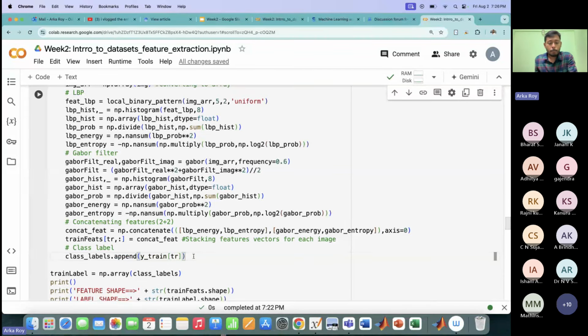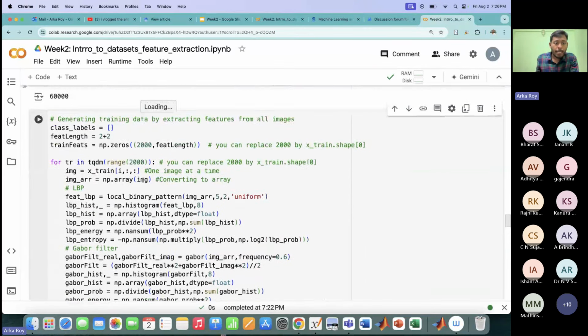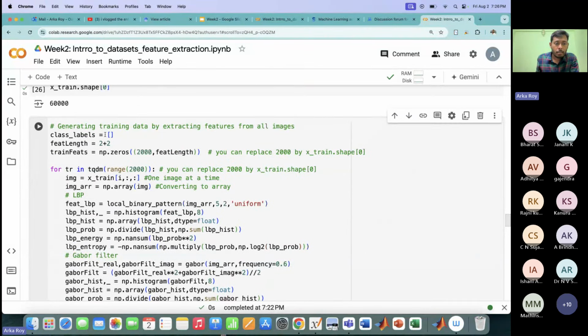So if I just tell you that in case of MATLAB, if you declare an empty matrix, you'll get a data type of array, which is the same as a NumPy array.